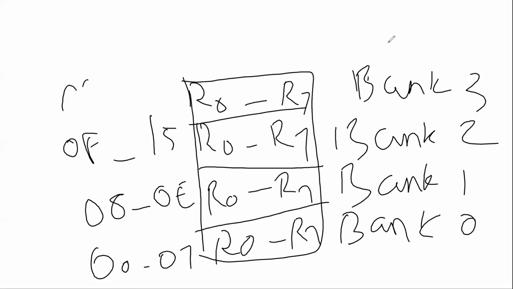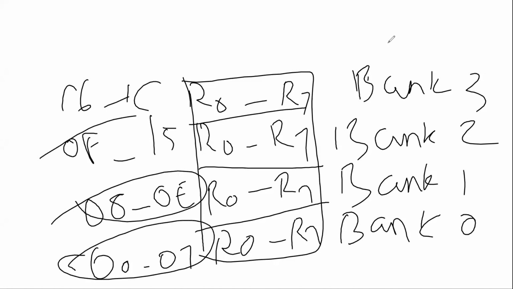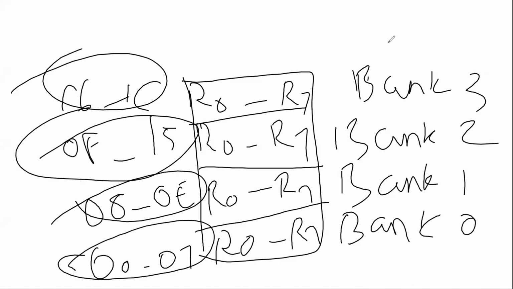And from 18 onwards: 18, 19, 1A, 1B, 1C, 1D, 1E, 1F. This is the way they occupy the addresses. The only thing is we have to remember the addresses of these. Are you clear? Always remember each bank: bank 0, bank 1, bank 2, bank 3. Each bank has R0 to R7.